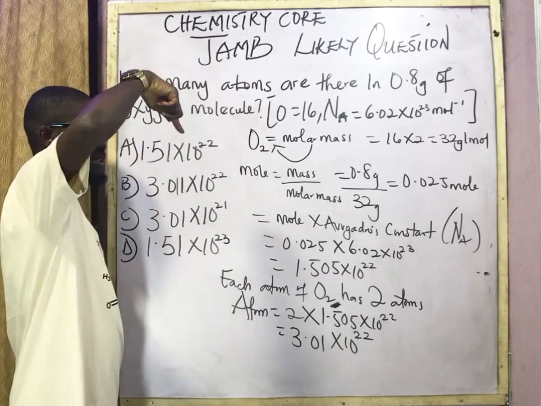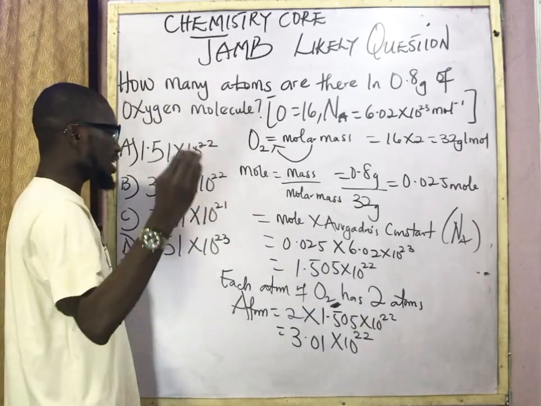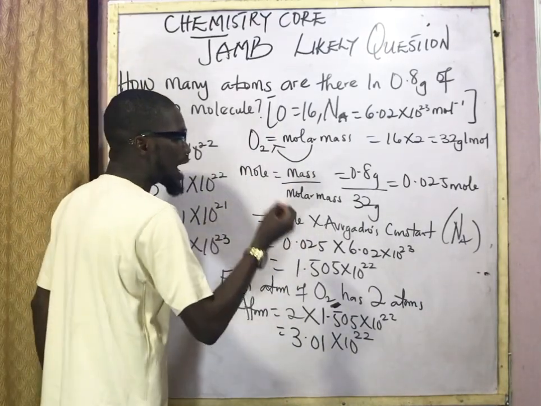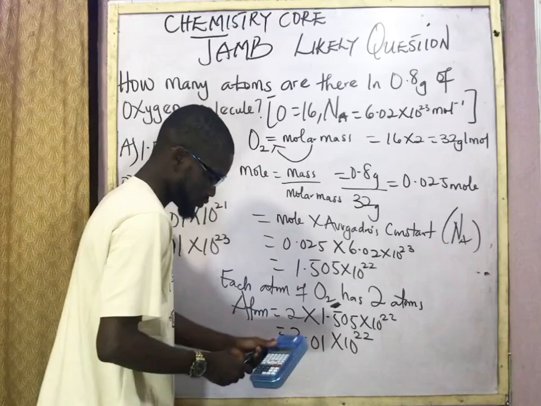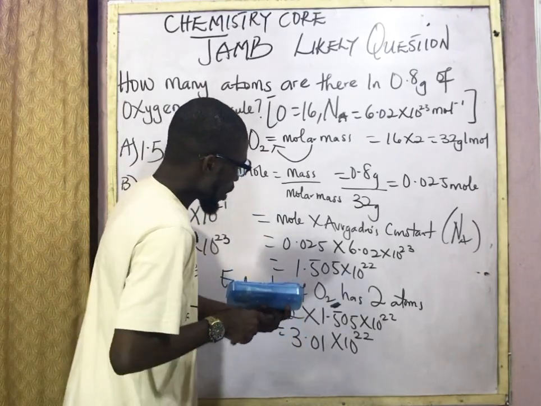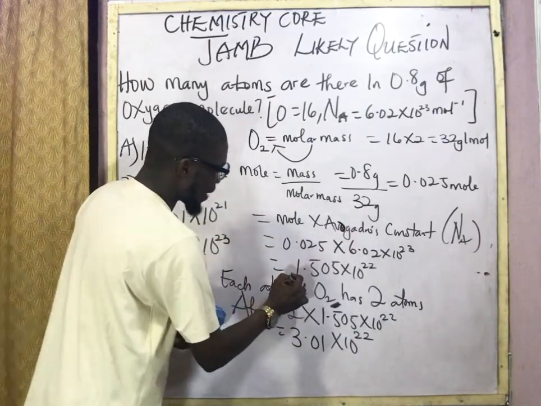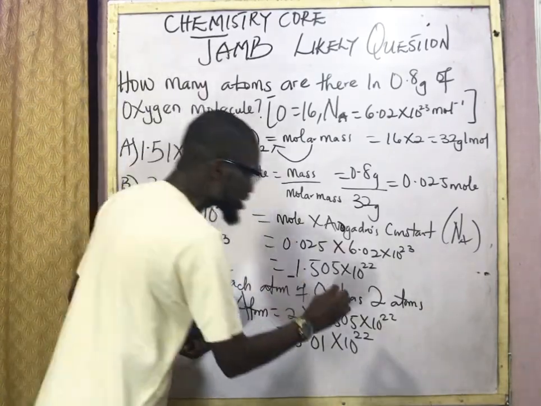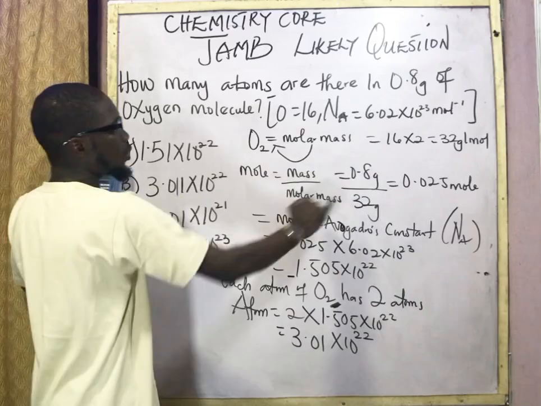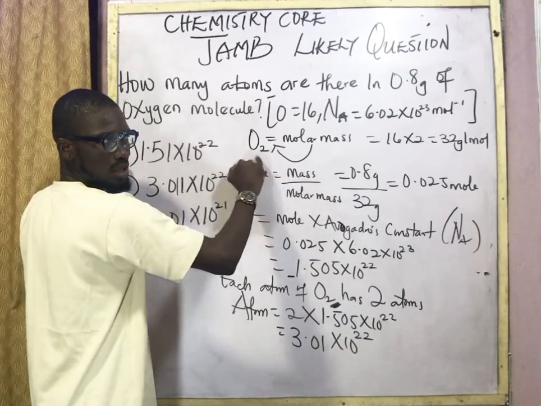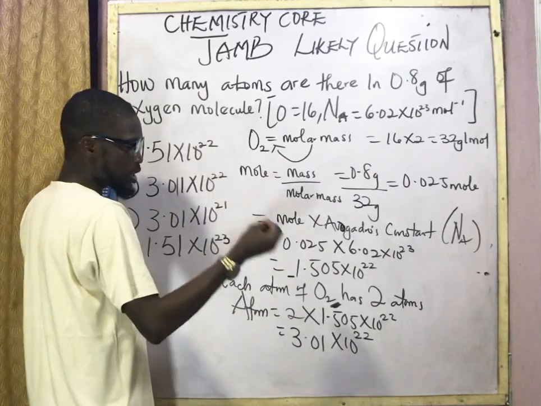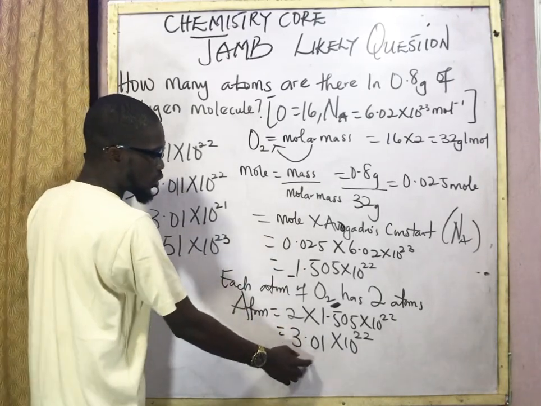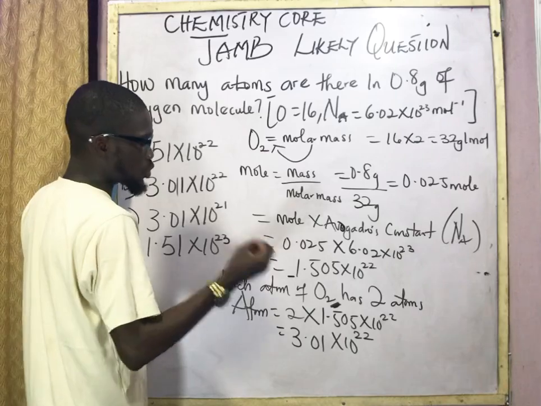There are 2 atoms of oxygen there. So the mole is multiplied by Avogadro's constant, and when we do that, we have this value. And each oxygen molecule has 2 atoms, so the 2 will be multiplied by the value you have here, and that gives us 3.01 times 10 raised to the power of 22.